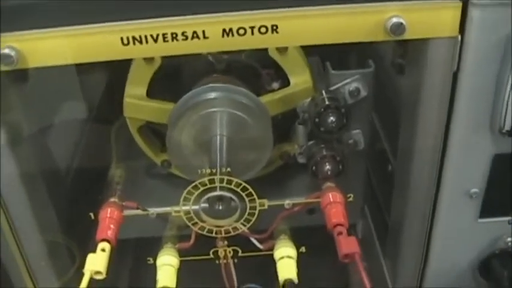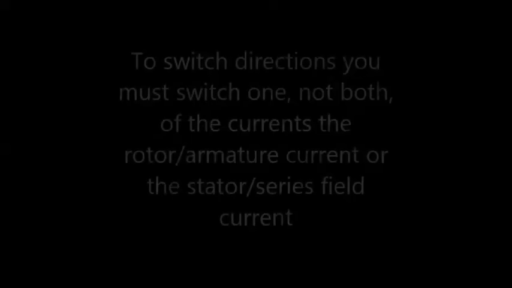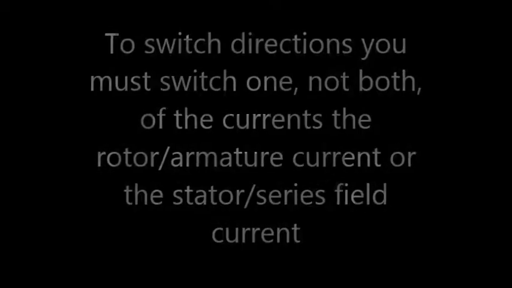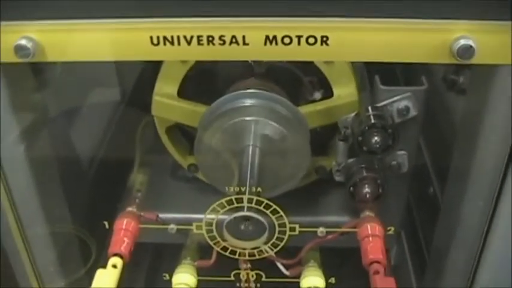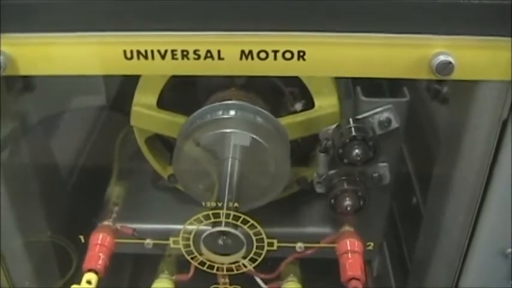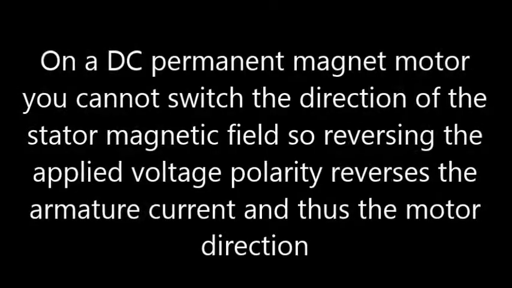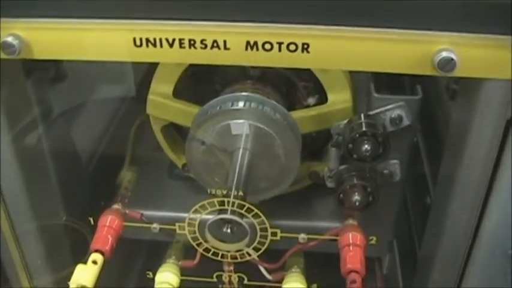One thing I didn't show was how to switch directions on this motor. Traditionally, a DC motor, all you need to do is reverse the polarity. And it'll change directions.